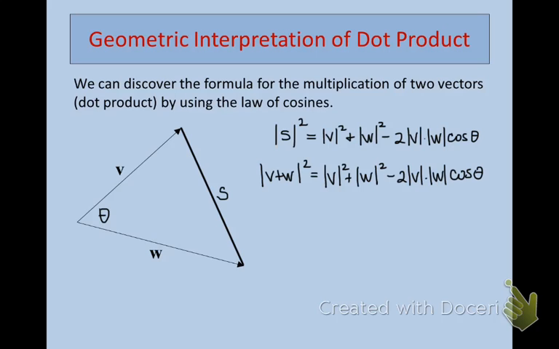If I were to square that whole thing out, I would get v squared plus v dot w plus w squared, or 2v dot w, sorry, I need to go back.